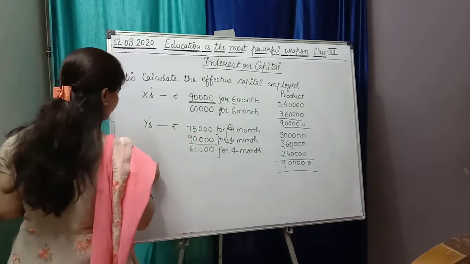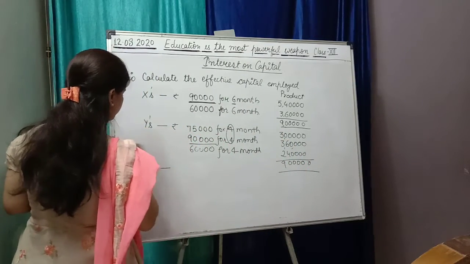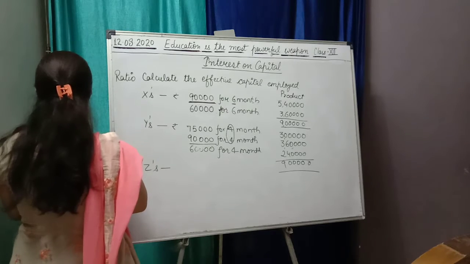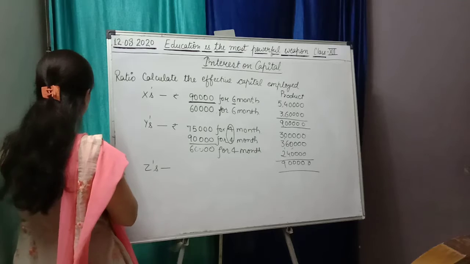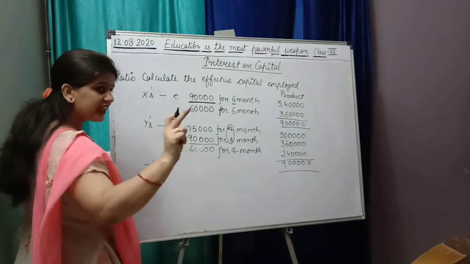Now we have to calculate Z's capital. Z brings 75,000 at first and increases it by 60,000 at the end of 7 months. So 75,000 is for how many months? For 7 months.